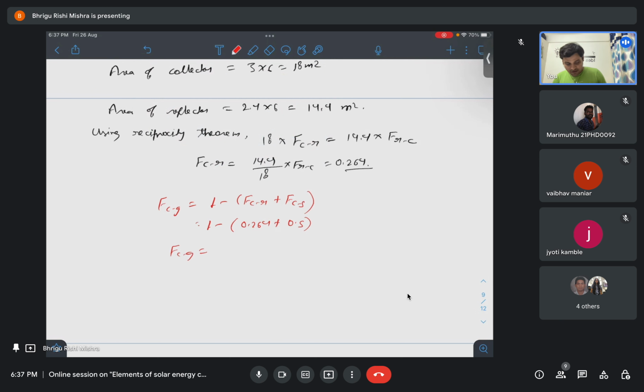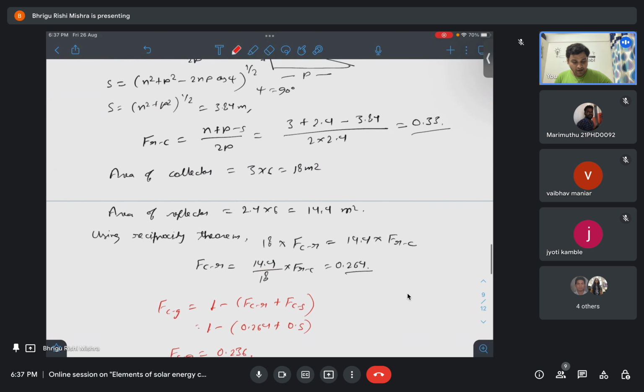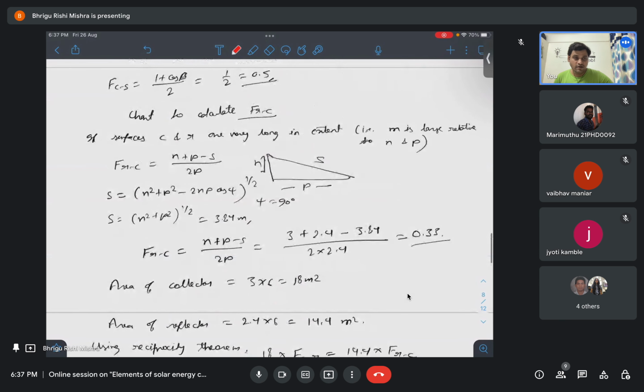So FCG is 0.236. Okay, and this way we can calculate the view factor from collector to ground, collector to sky, collector to reflector, and reflector to collector.